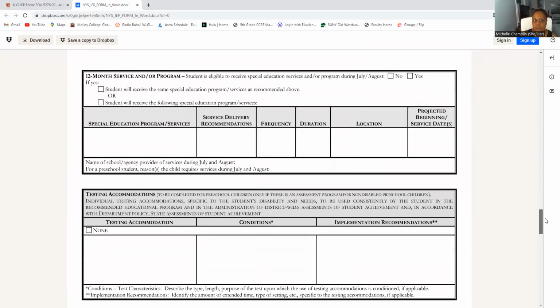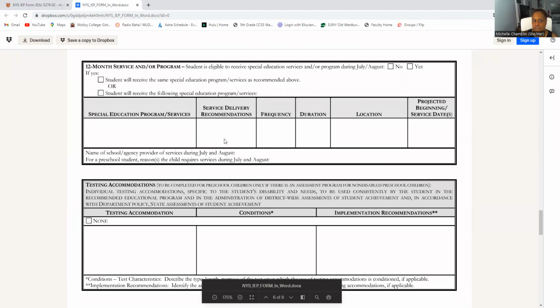Okay, so now we come down here: 12-month service and program. This is if the student is eligible to receive special education services and/or programs during July and August. Students who are required a 12-month program are students who have more needs. The school year is 9 months, 180 days.